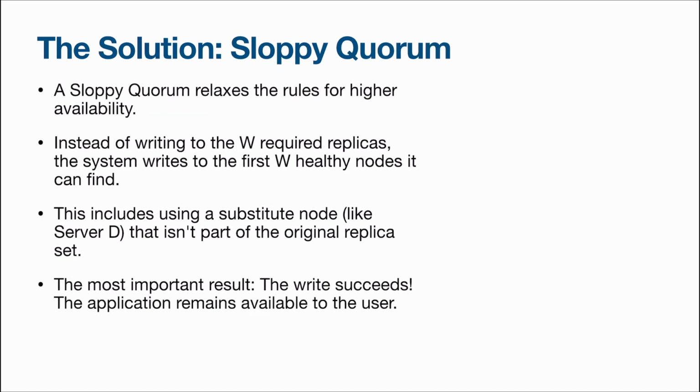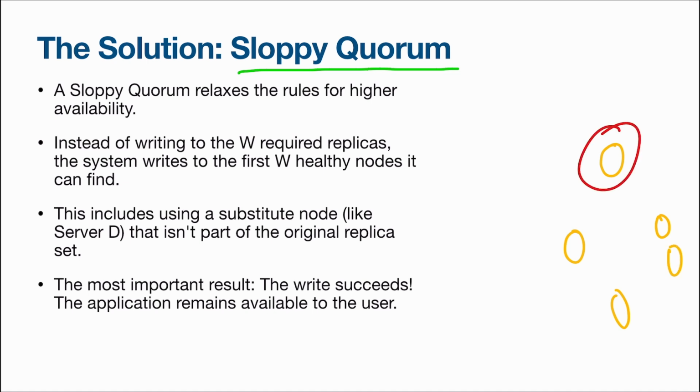What is the solution? The solution is sloppy quorum. In the previous example, even though these 2 servers are down, we can configure the system to continue accepting writes, and these 2 servers, which are originally not meant to accept writes for a particular account, will rise to the occasion and start accepting the writes.